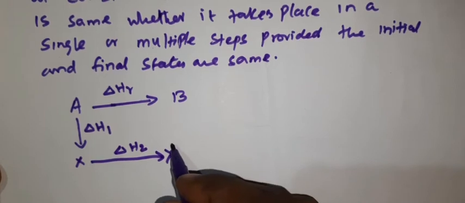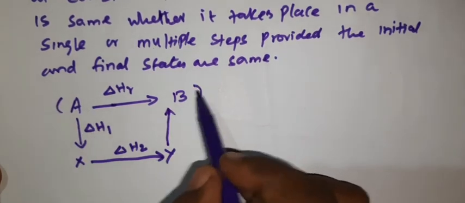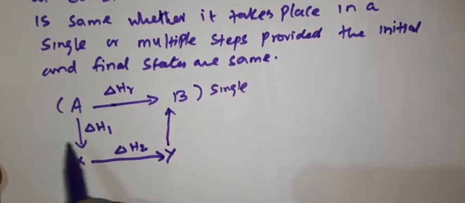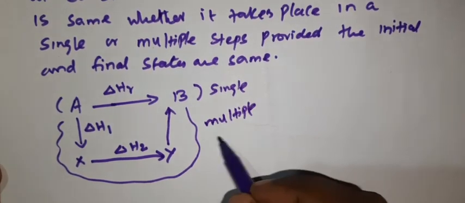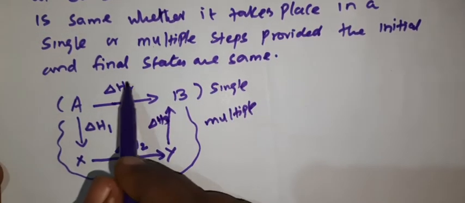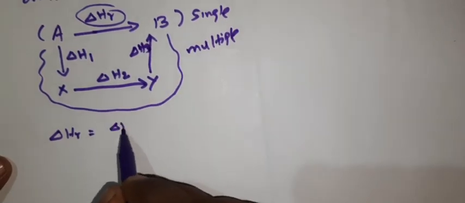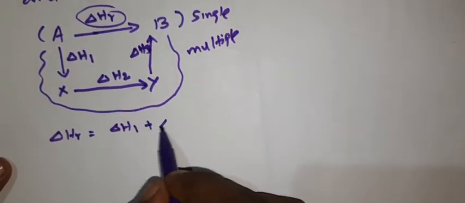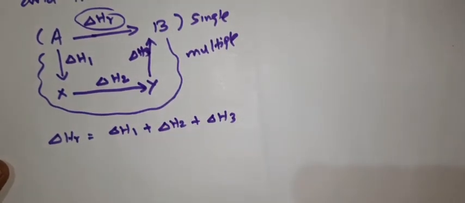Then finally Y produces the final product B, with delta H3. So A to B is a single step, and this is called multiple steps. Now the value of delta H reaction equals the sum of delta H1, delta H2 and delta H3. So the value in multiple steps will be equal to that in the single step. That is the definition of Hess law.